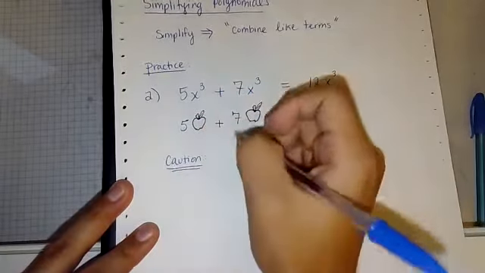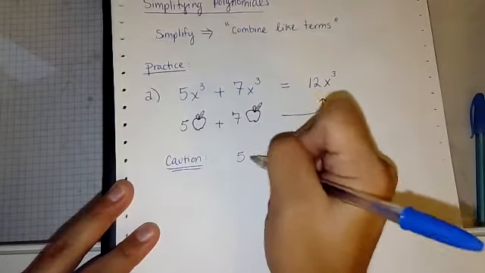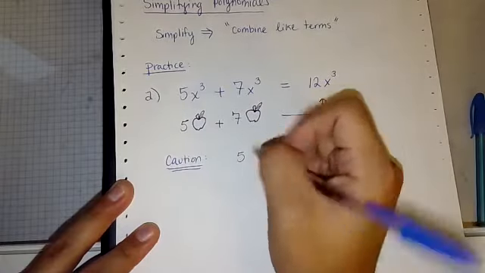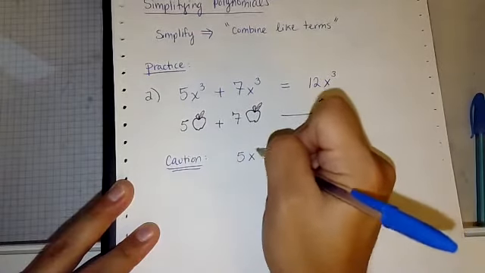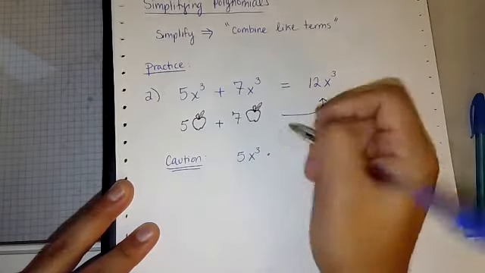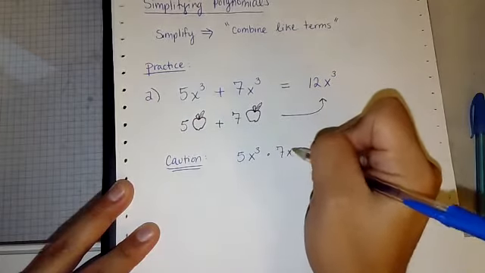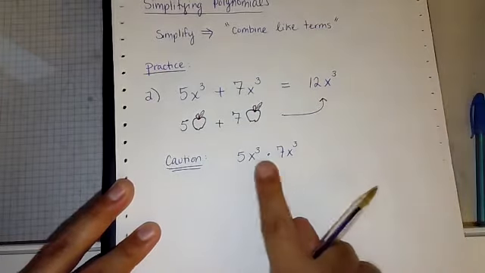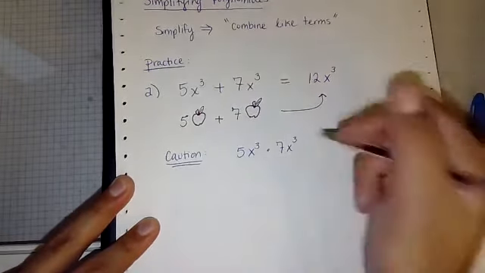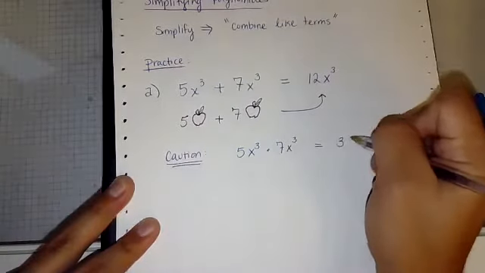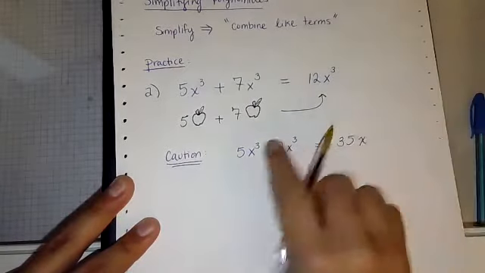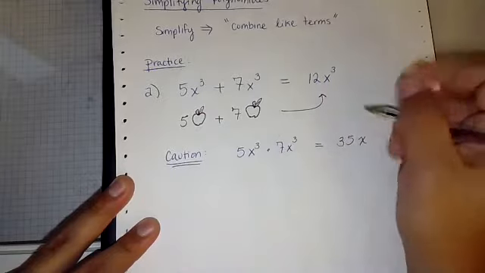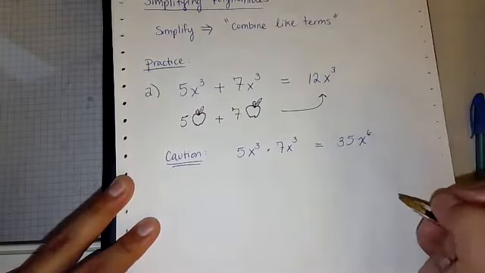Last time we said that if we had 5x to the third power times 7x to the third power, when you're multiplying these two terms, you should get 35x to the, and then you add the exponents to get 6.